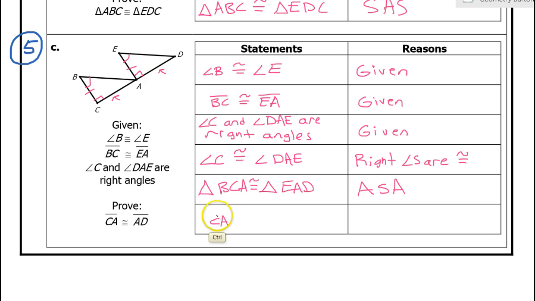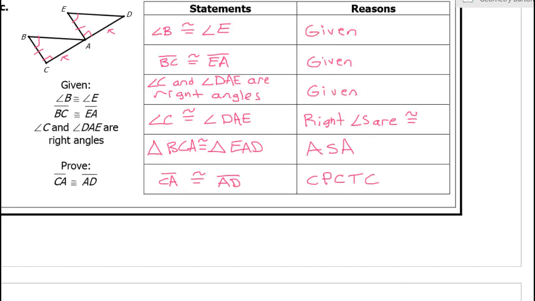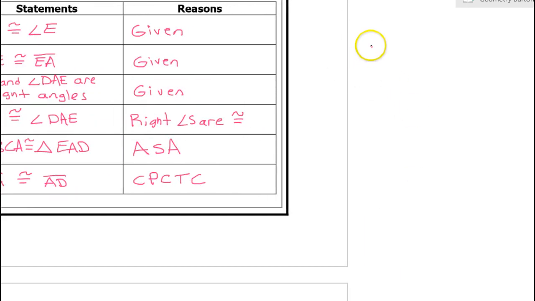Okay, so now we can go ahead and conclude that CA is congruent to AD because they are corresponding parts of congruent triangles. And we know that corresponding parts of congruent triangles are congruent, which we will abbreviate CPCTC. Please make sure that you know what each of these letters stand for. Okay, I'm just going to write it down one more time, CPCTC.